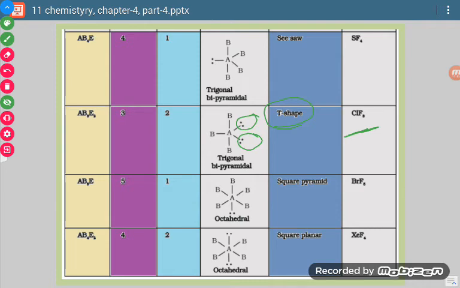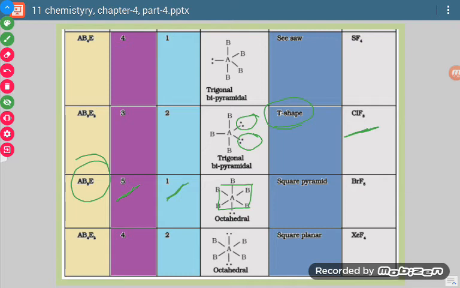Okay, now AB5E, here 5 bond pairs and 1 lone pair are there. So total are 6, so they will be arranged in the octahedral form, where 4 are at the corners of a square, 1 above the square and 1 below the square.